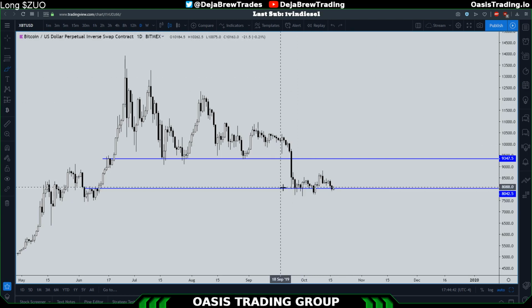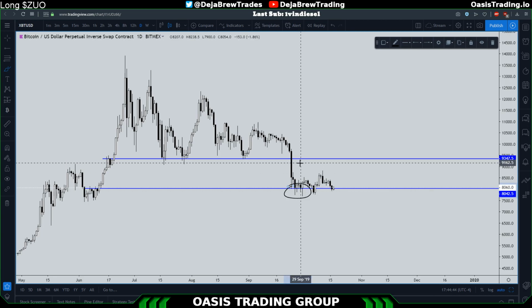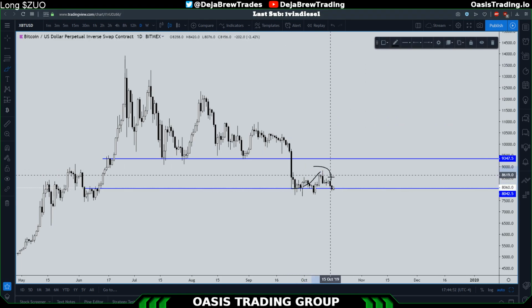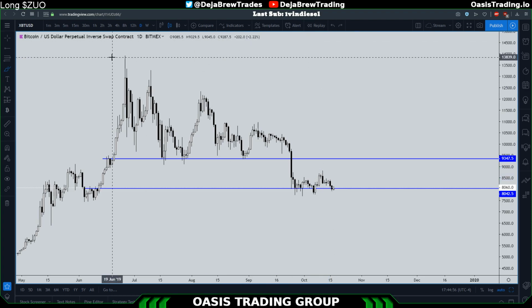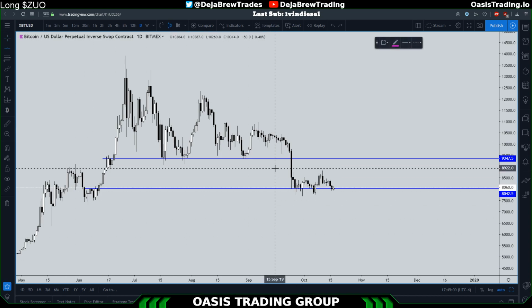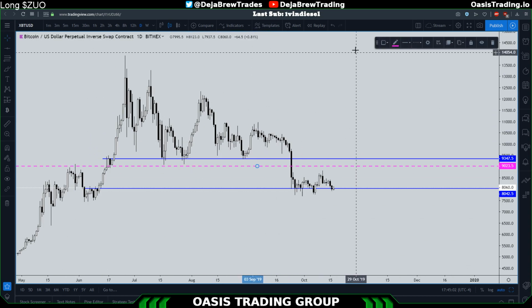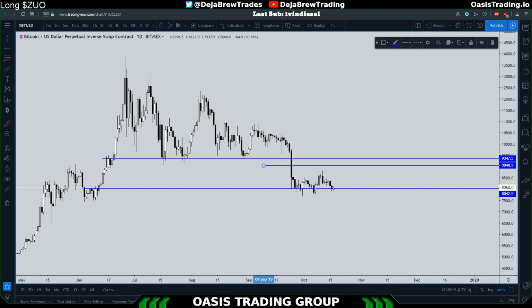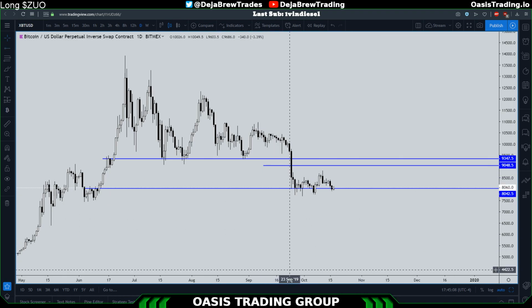So if you actually determined this support properly and you did not add on this massive dump here and it started to bounce, you could have closed your trade break even or for a slight profit. But if you are not determining those supports properly and you are doing what we were showing you earlier, where you're just taking these trades while price is dumping, then you are going to lose a lot of money.